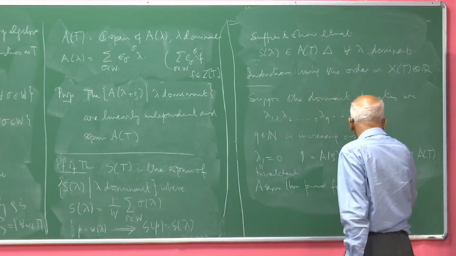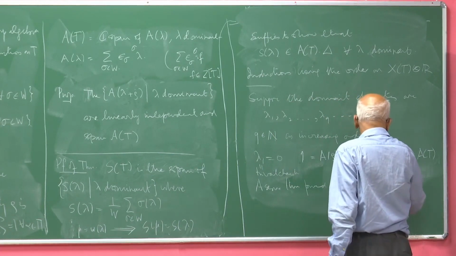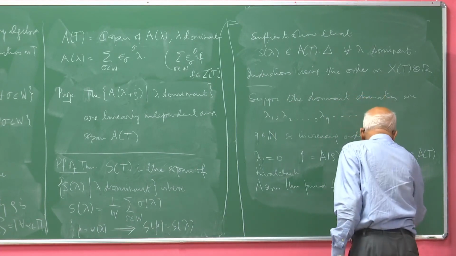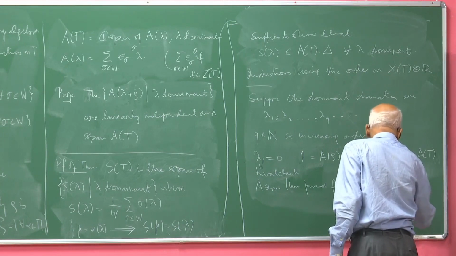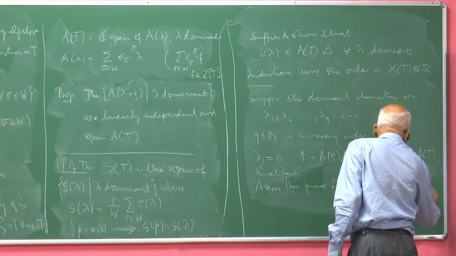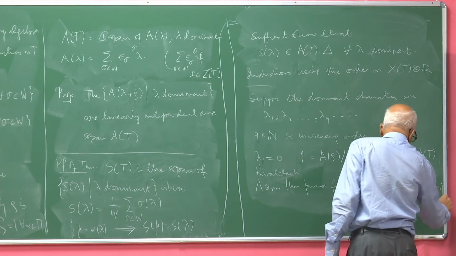Notice that Z of T is isomorphic to the polynomial ring C of T1 inverse, T2 inverse, etc., TL inverse, where L is the rank.